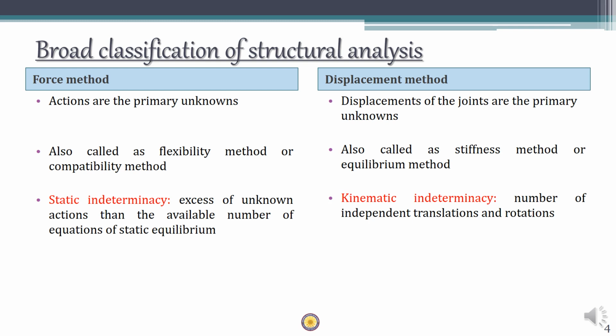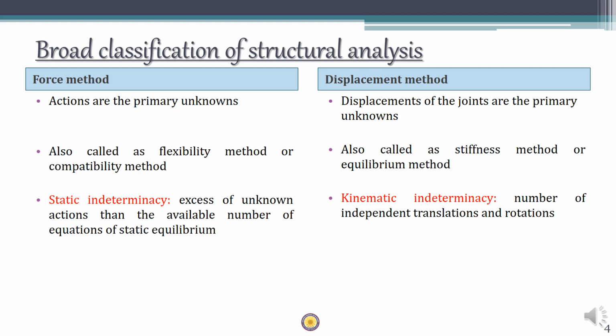Once you get that, you can find other reaction values, then the stress resultants, then the deflection, and thereby completely solve the problem. In the displacement method, the displacements of joints are the primary unknowns. That means the first answer you get will be the displacements of the joints. Once you get those, you find the other unknown displacements and the reaction values, and then you can find the stress resultants.